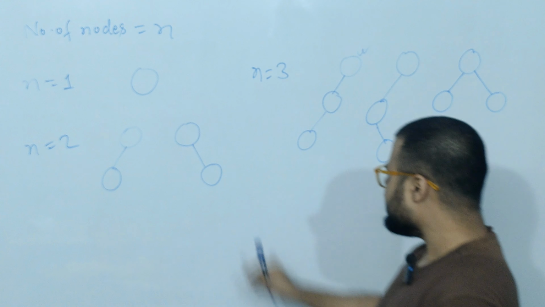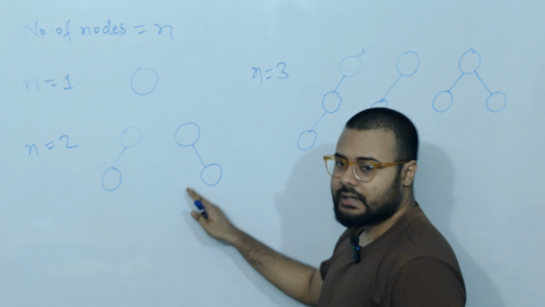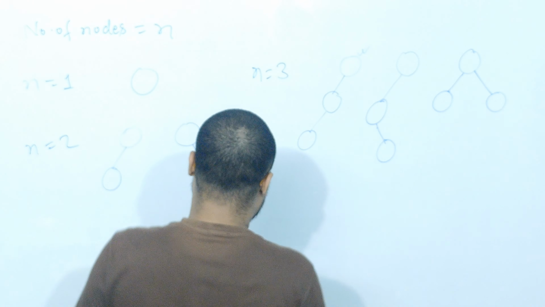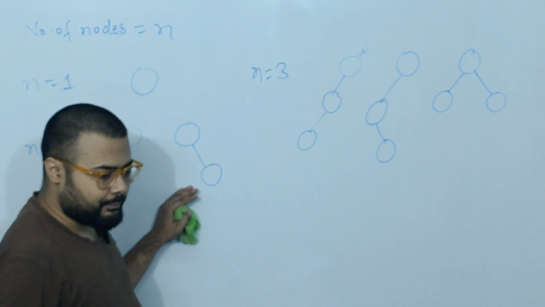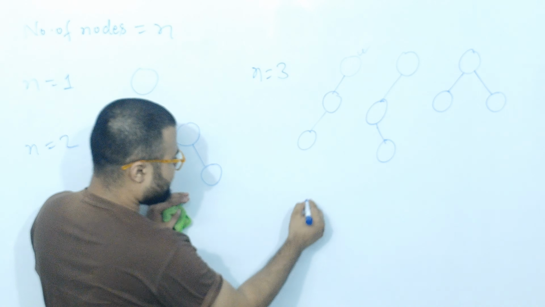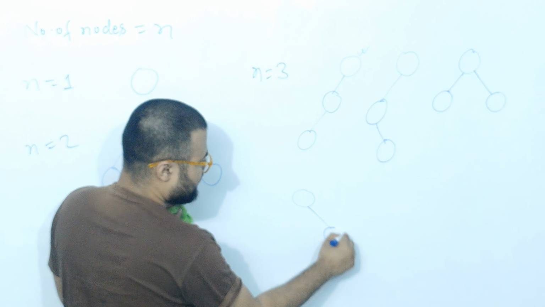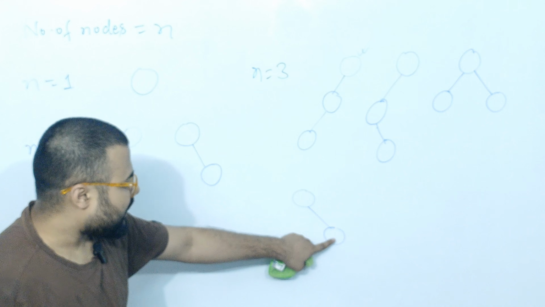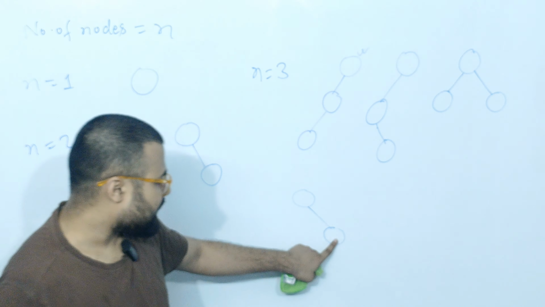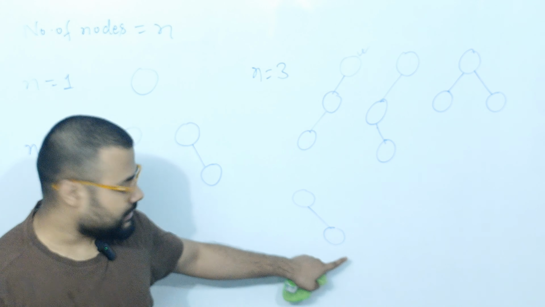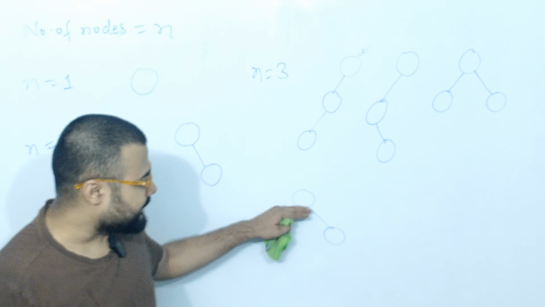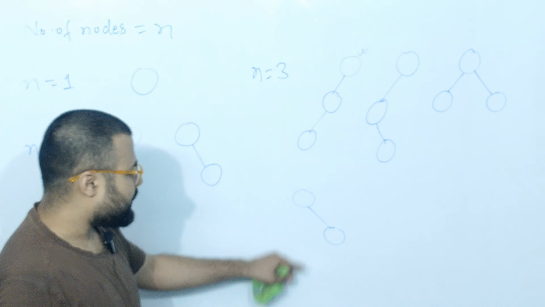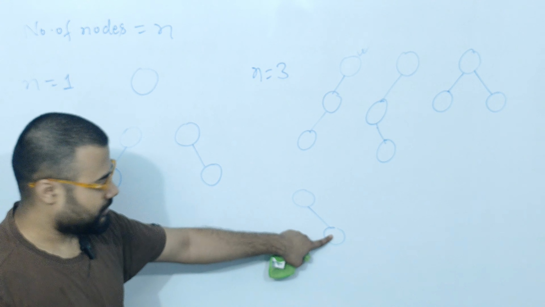Okay. Similarly, if I use this one as my base tree, the base tree with number of nodes equal to 2, now I can either add a left child to this or add a right child to this, and adding a left child or right child will increase the height of the tree by 1 because this is the leaf at maximum depth.